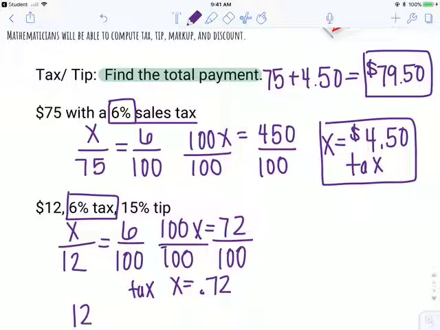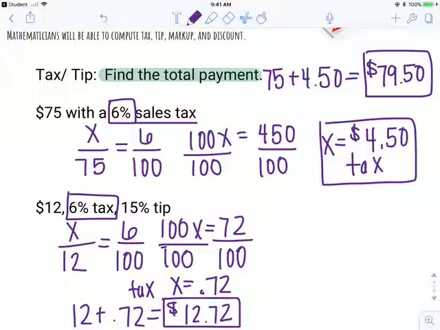So I take my bill plus my tax, and I get my total bill so far, but I've yet to add in my server's tip. So I do this again. I take my part over my whole. Now, some people choose to do their tip on their whole bill, which is the $12.72.